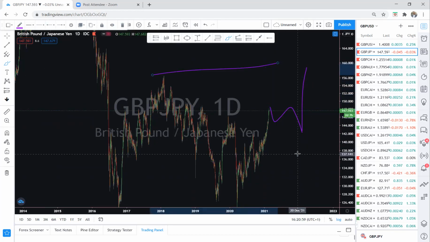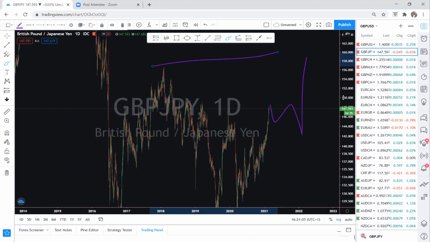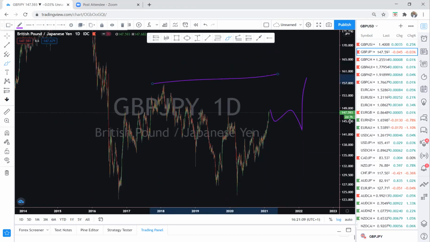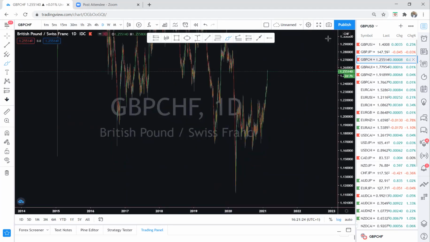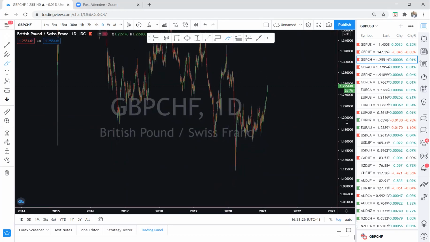But that correction is not there at the moment. So no setup as far as I'm concerned on GBP JPY. It has really overbought. It is not wise to buy it at this level. We have to wait to see a decent pullback before we can buy GBP JPY.